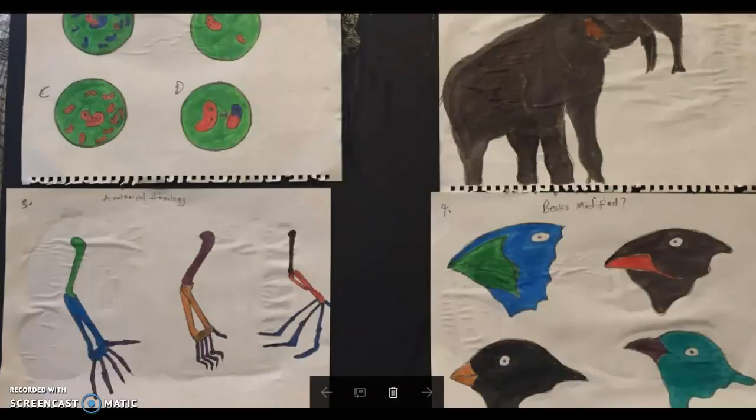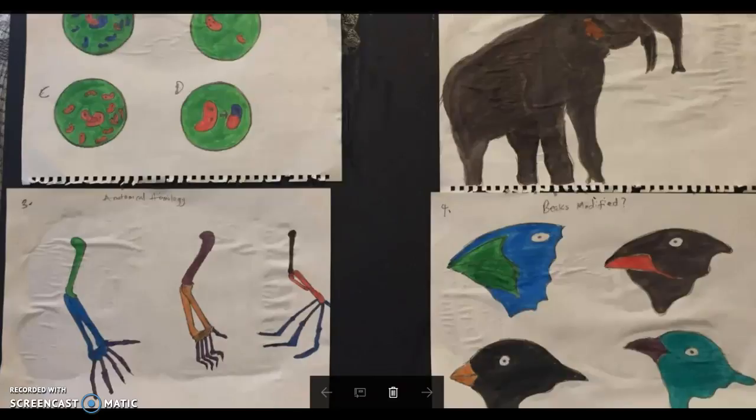In my artwork, I have 4 different categories of the importance of understanding evolution in present-day life. They include, firstly, direct observation of evolutionary change. An example of that is the development of drug resistance in bacteria. Secondly, the fossil record.